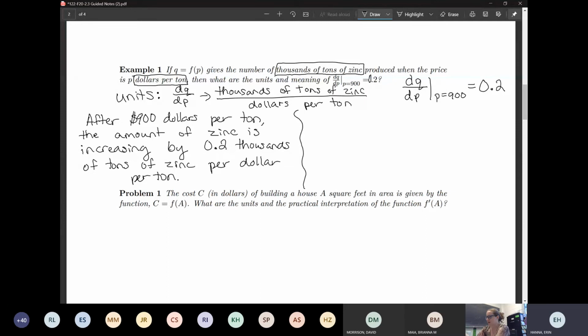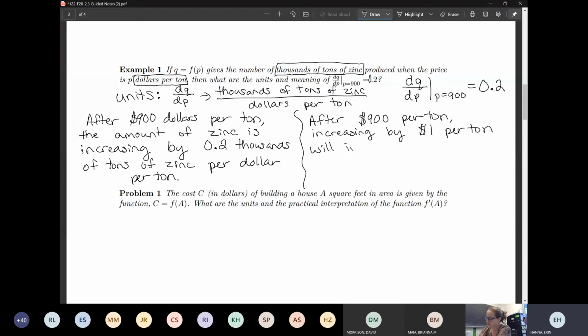And then if I wanted to go the other way, the other type of option I have for my interpretation, we would say after 900, we always start with our starting value. So after $900 per ton. But in this step way, now we just say that the value is going to increase by 1, so increasing by $1 per ton.